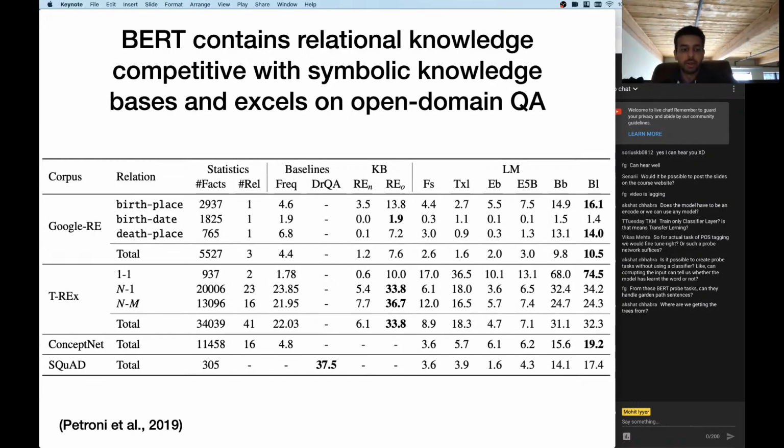Okay, so in this paper, they found that BERT does contain factual knowledge, despite not having an explicit knowledge graph, and it is a promising way to encode these kinds of facts, even though we can't pinpoint exactly where in the network Dante's birthplace is located. It is there somewhere. We can find it through these kinds of input-based probe tasks. So that's pretty cool.